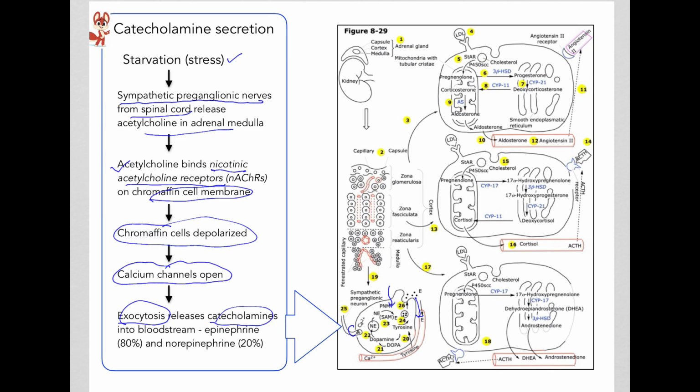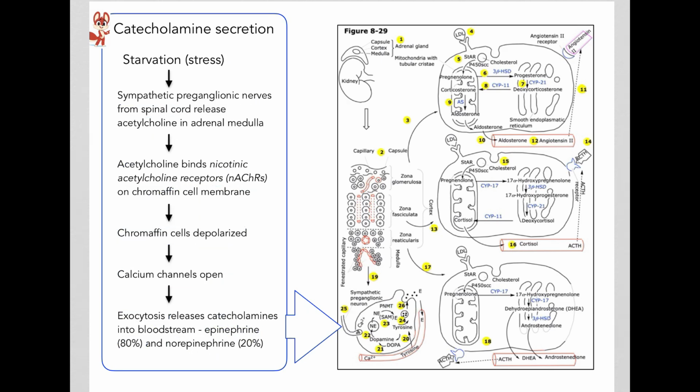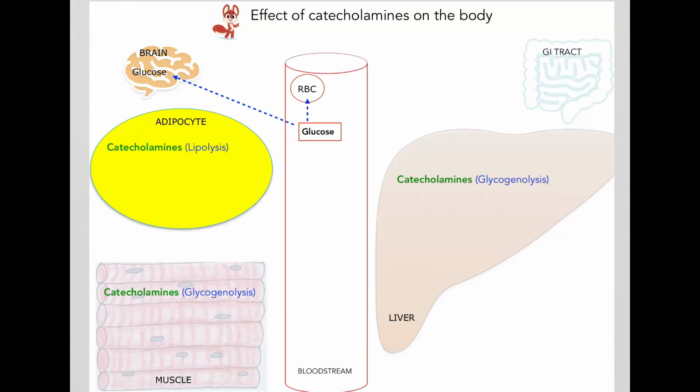Epinephrine forms the major catecholamine that is released in the bloodstream, about 80%, while the remaining 20% is norepinephrine. So that's how stress can cause the adrenal medulla to release the catecholamines into the bloodstream.